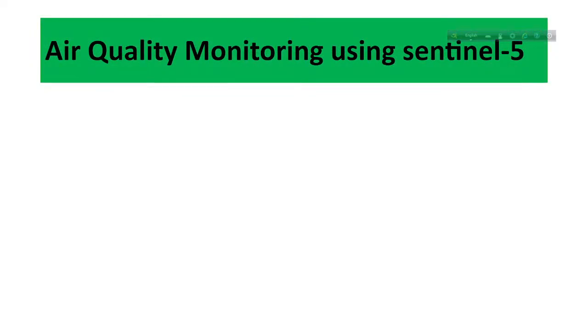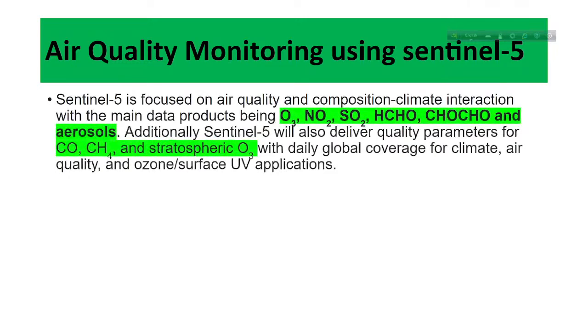There are a lot of ways to use remote sensing for air quality monitoring. This time we work with Sentinel-5 satellite imagery. This imagery provides information about atmospheric composition and climate interaction, with the main data products being ozone, nitrogen dioxide, sulfur dioxide, formaldehyde, aerosol, carbon monoxide, methane, and atmospheric and stratospheric ozone, with daily global coverage for climate, air quality, and ozone surface UV applications.